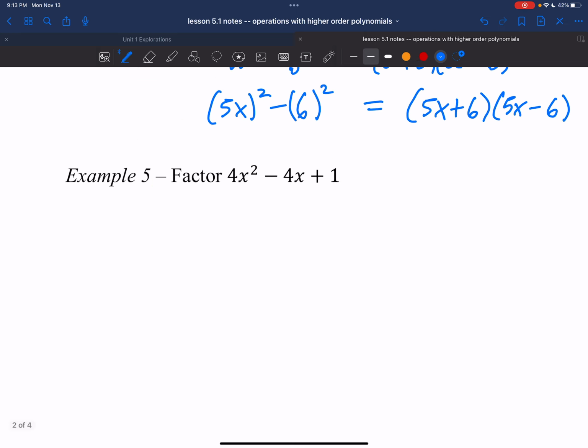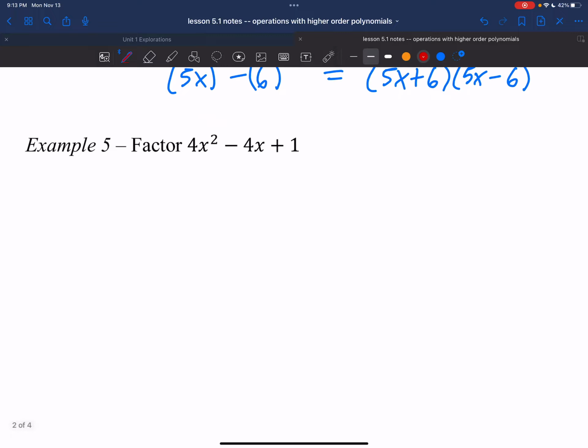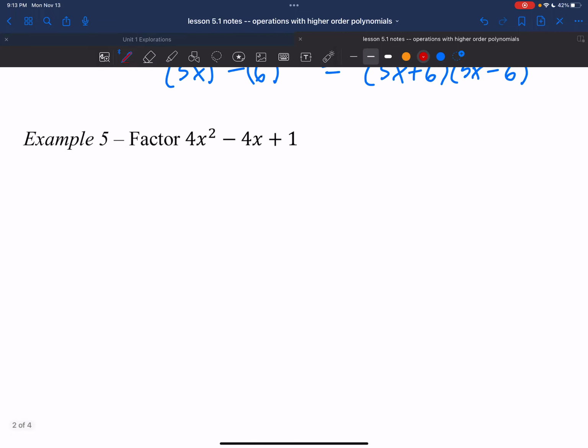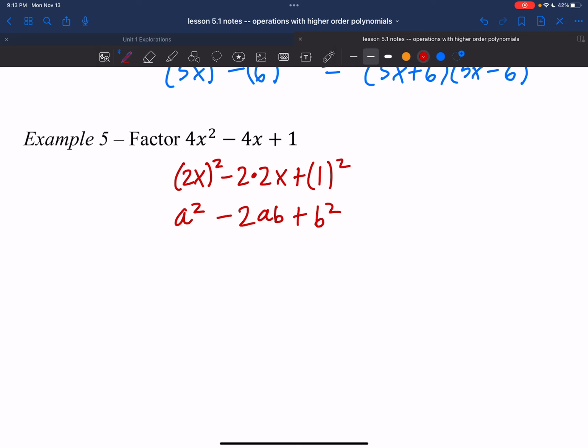Okay, last one. And this is the perfect square trinomial. So this is 2x squared minus 2 times 2x plus 1 squared. You see, this follows the pattern a squared minus 2ab plus b squared. Do you see that?